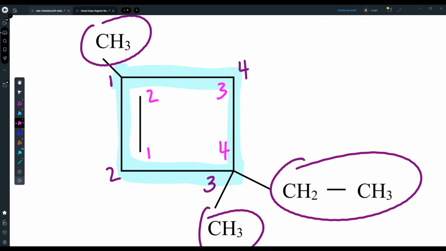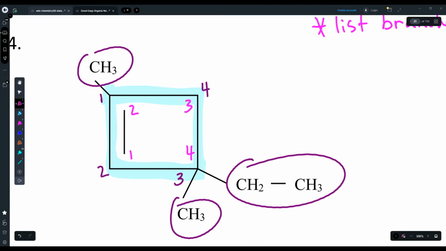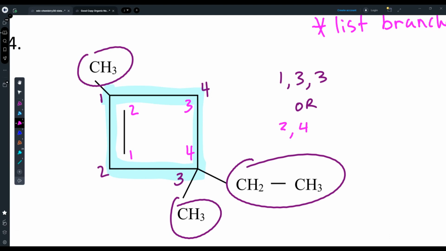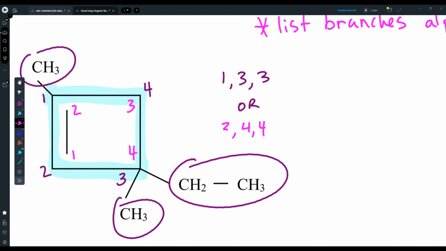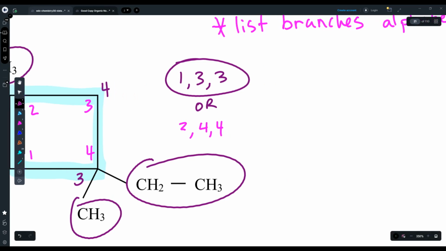You always want to make sure that your double bond is between carbon 1 and carbon 2. With the purple way of numbering, our branches would be on carbons 1, 3, and 3, because there's 2 branches on carbon 3. Or our branches could be on carbon 2, 4, and 4. If we look at these, we want to make sure we're using the lowest overall numbers. So that means we need to go with the purple way of numbering these carbons.